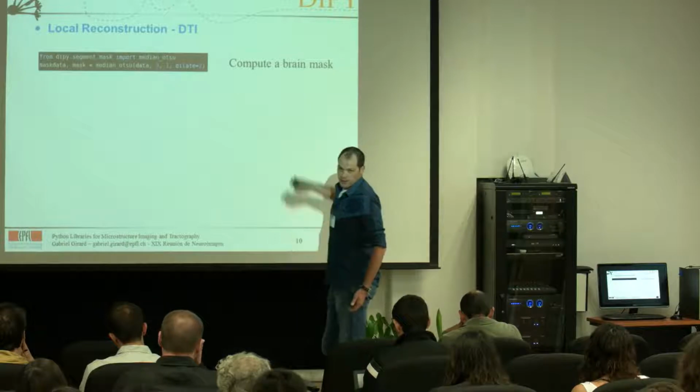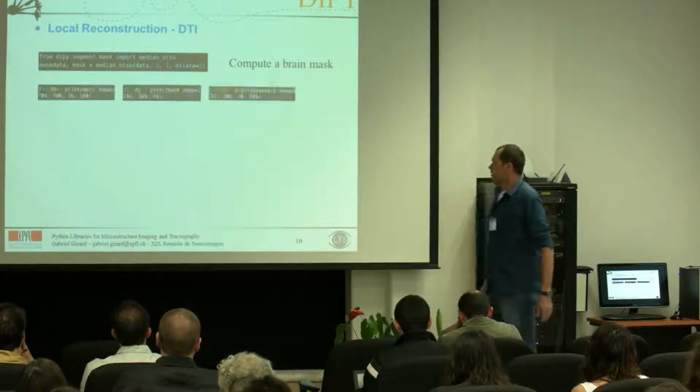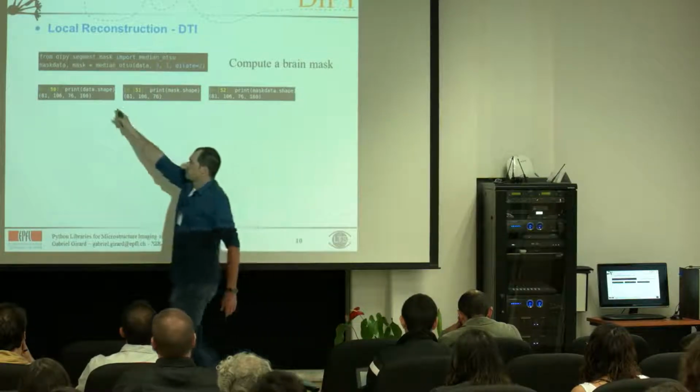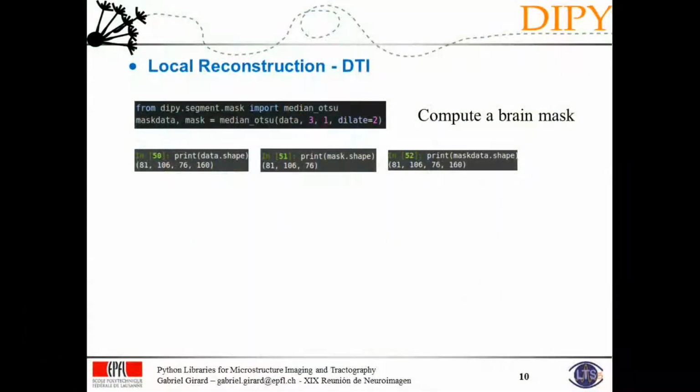This is not required, but it will speed up your computation. Then if you look at the shape of your original data, which was the size XYZ of the image by the number of diffusion-weighted images, the shape of the mask is just the brain, so just a 3D image, and the shape of the masked data is the same size as the original data, but this time everything outside the brain is 0.